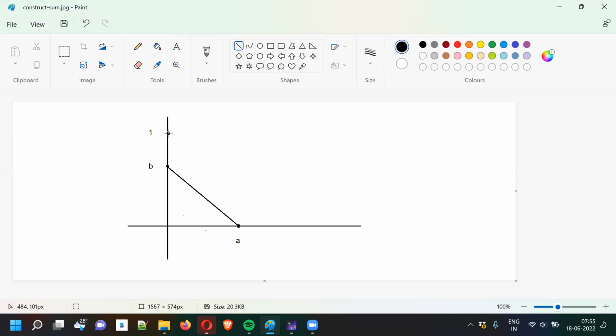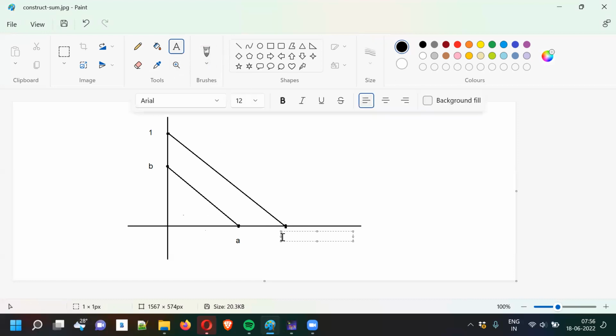So by the basic construction, drawing a parallel line segment passing through a point outside, I can draw a parallel line here, parallel to the original line, and I make the marking that I get there. Let's call this point x for the moment.